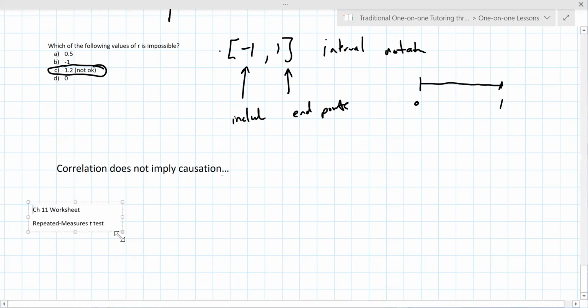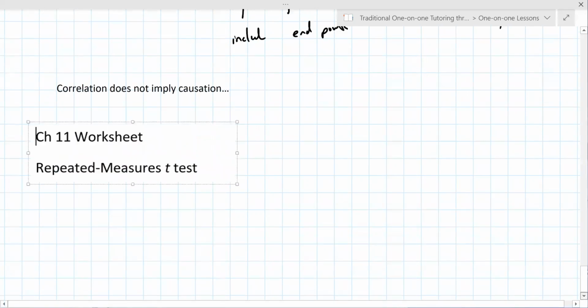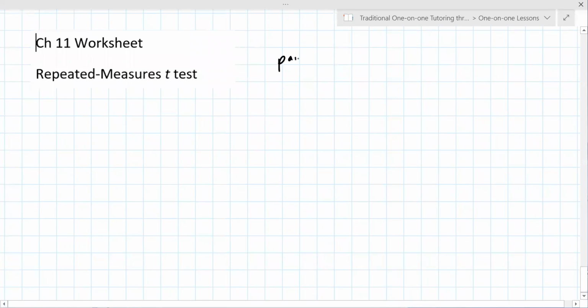So chapter 11 is called repeated measures. I prefer the term paired. It's like you take one group, and there's generally a before and an after measurement. A small variation is left hand and then right hand.